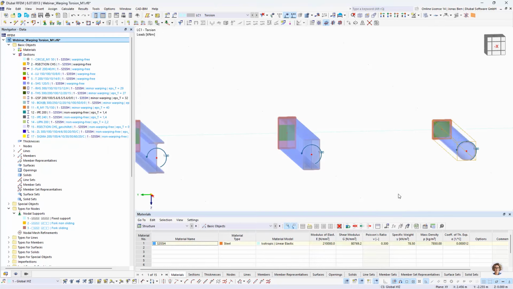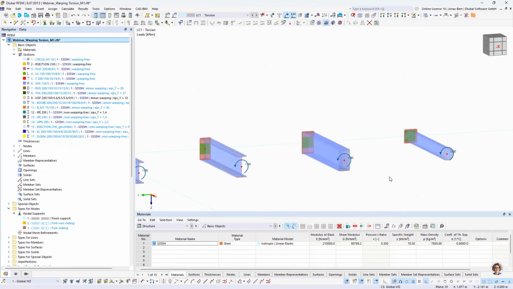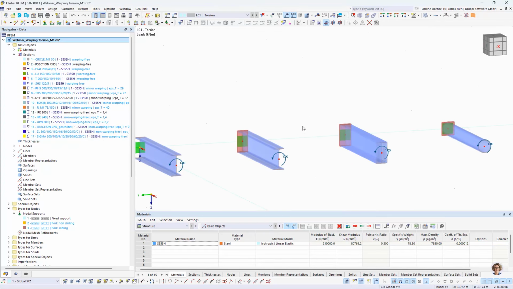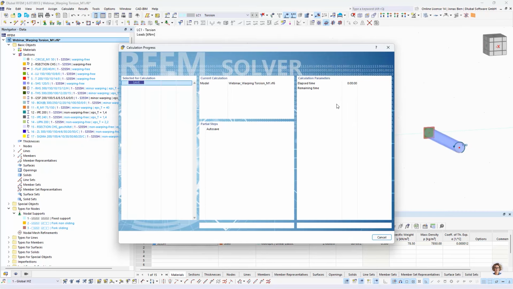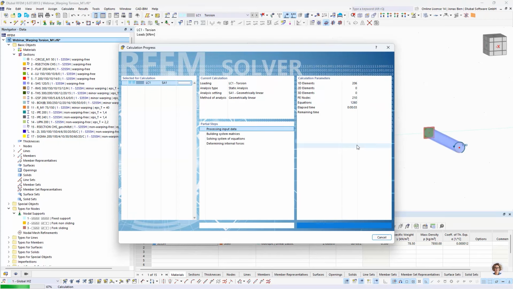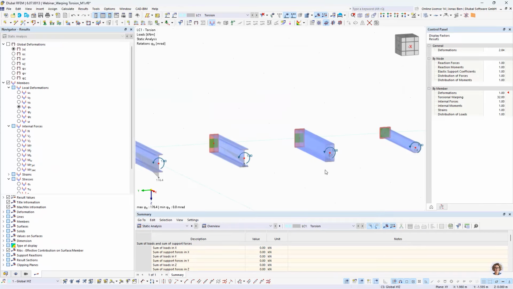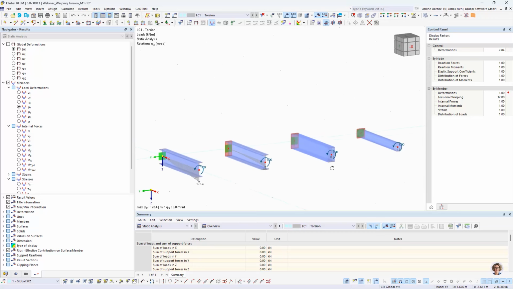For that I want to take a CHS section, and now we can compare how those 3 systems with a warping restraint, just with different cross-sections, react to this torsional load. So let's conduct the analysis again and compare how these different systems behave.